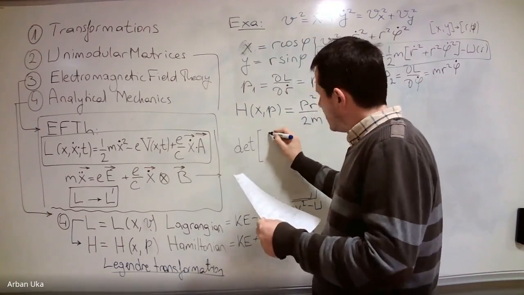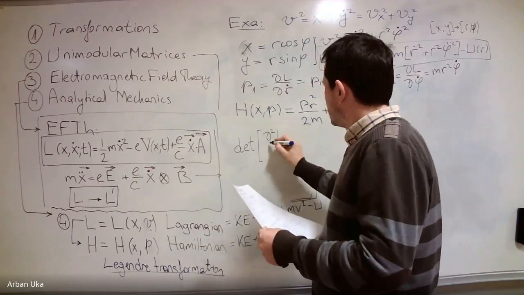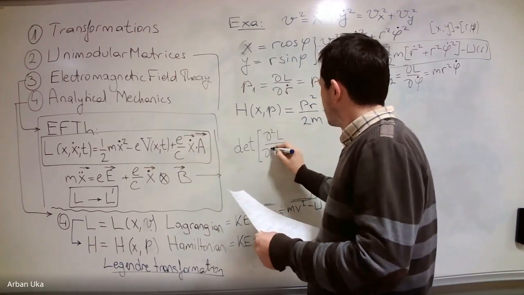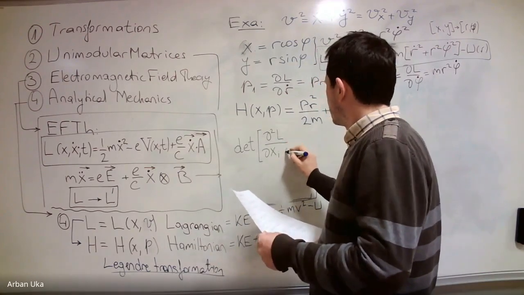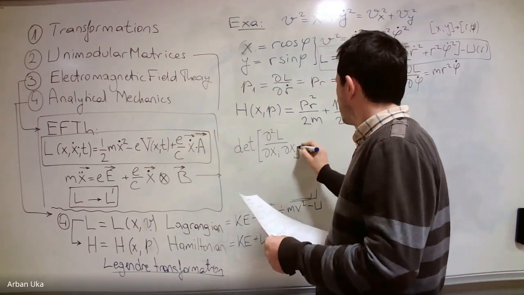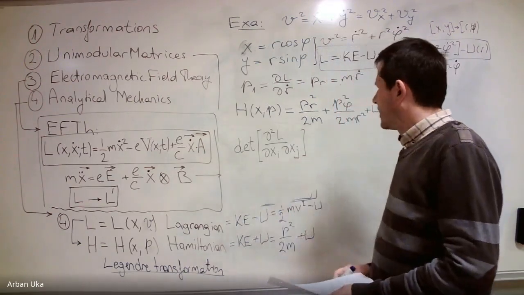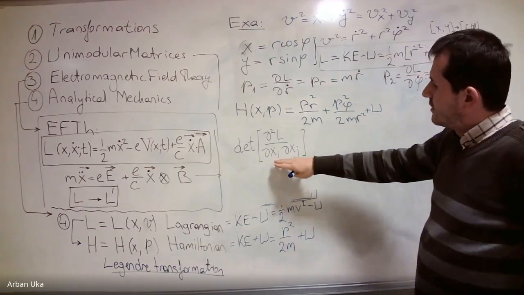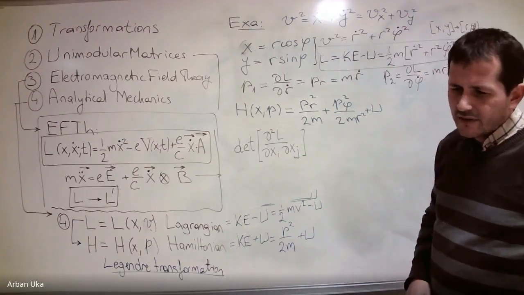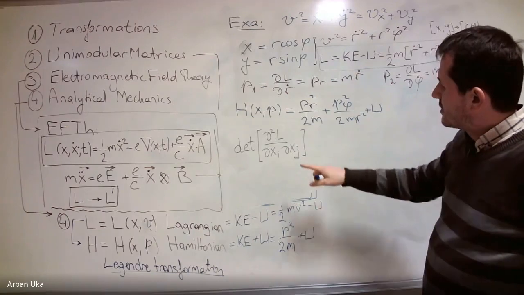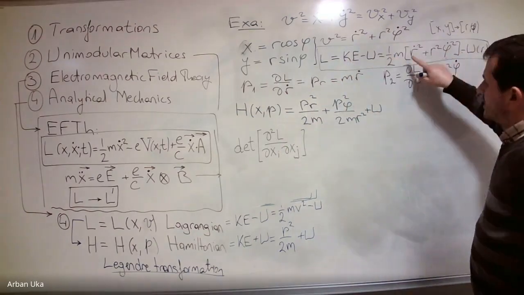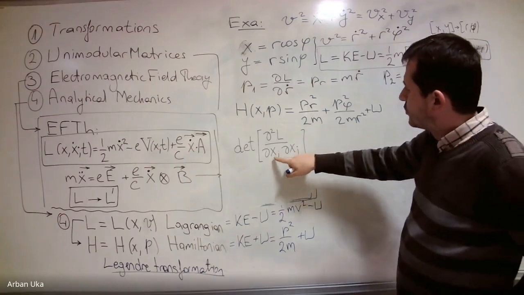So we have the determinant of this. If we look at this determinant, it is in fact a matrix, because we are taking the derivative of this expression with respect to two different variables.